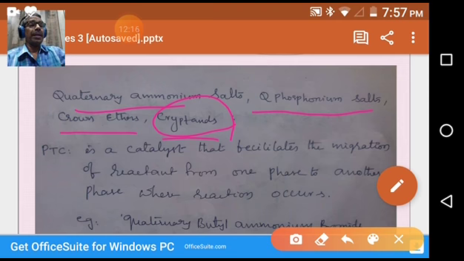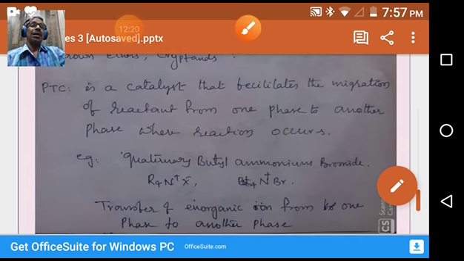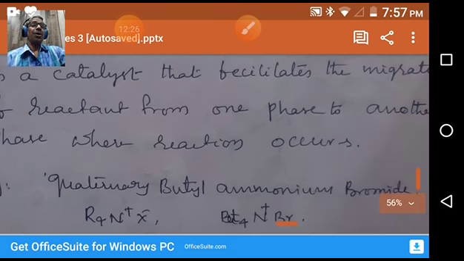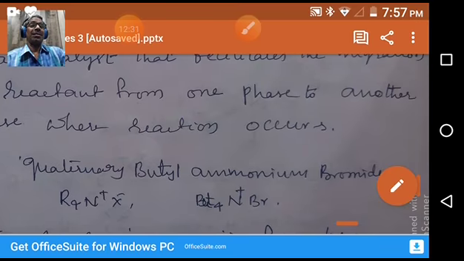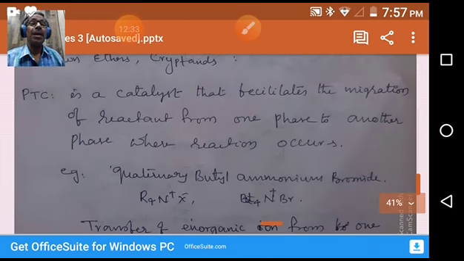So let me define what a phase transfer catalyst is. It is a catalyst that facilitates the migration of a reactant from one phase to another phase where the reaction occurs. Listen carefully.